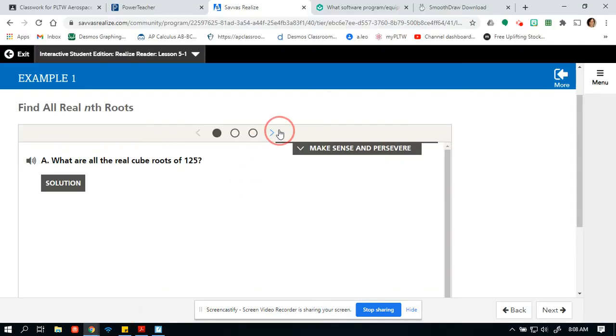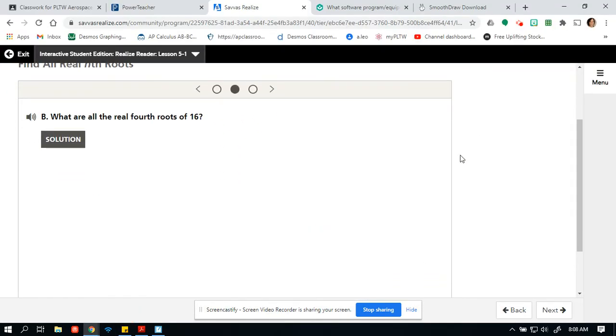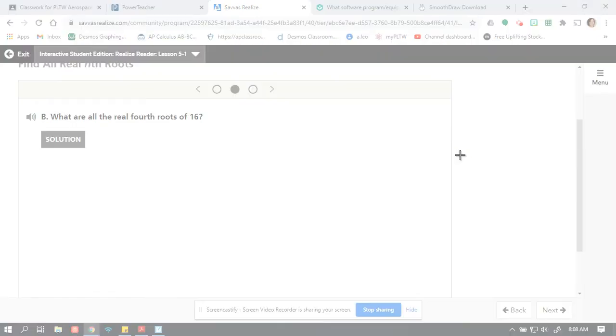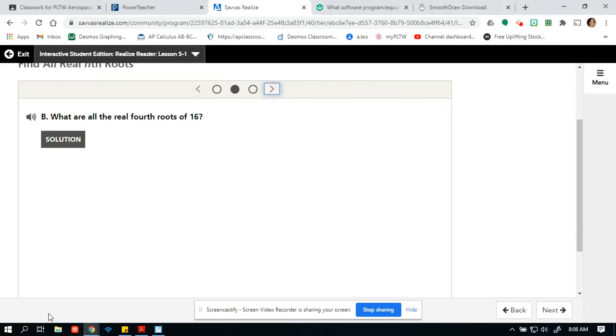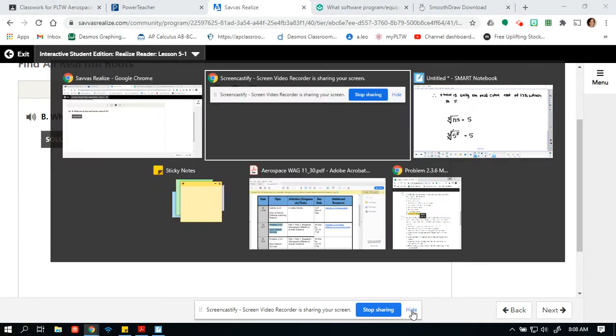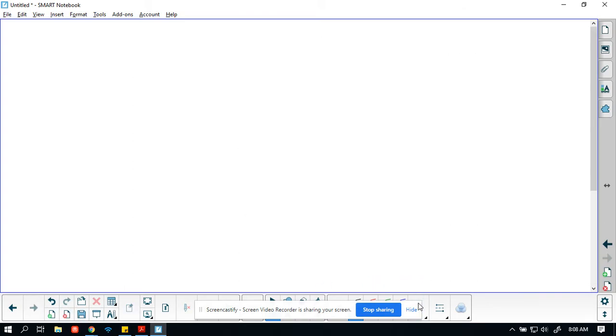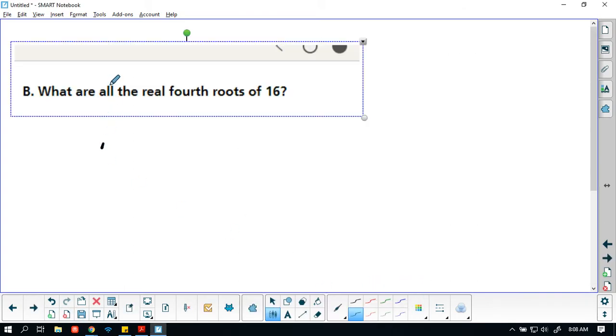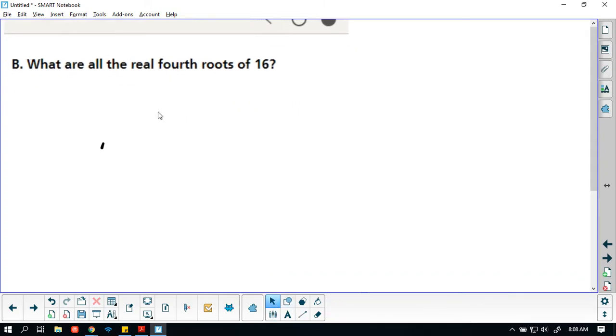Right, so let's go back here. There's a part 2. What are the real fourth roots of 16? Again, I'm going to do the book method here. Get rid of that.